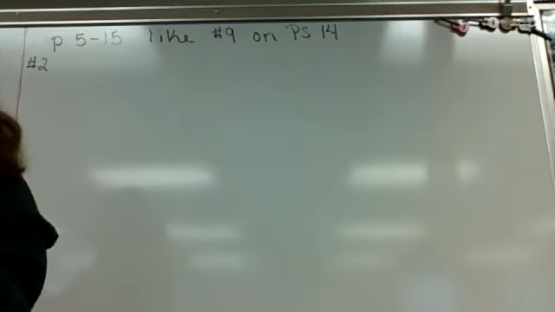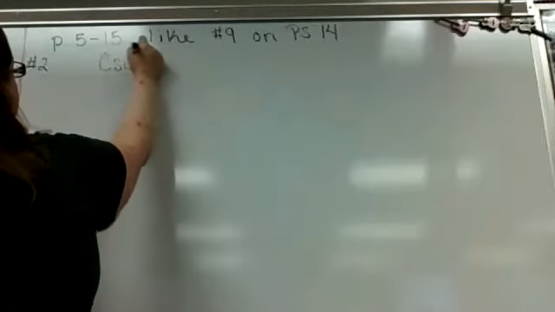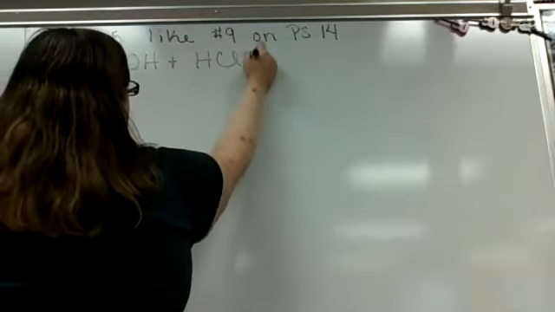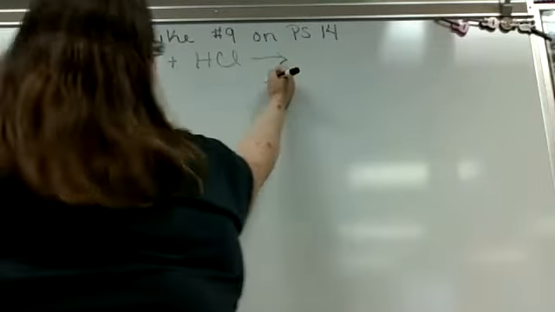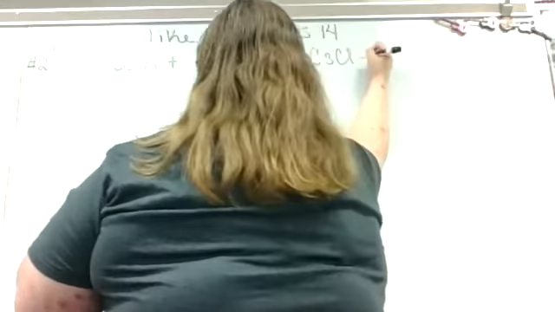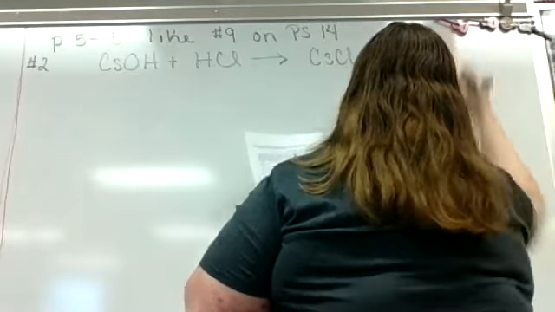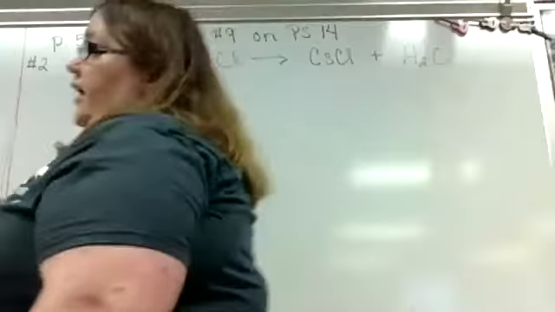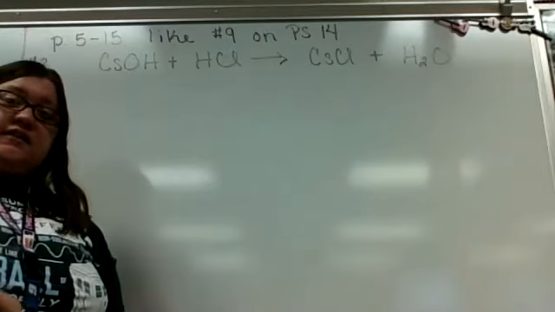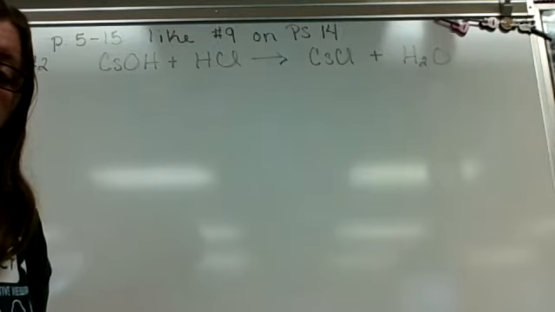So you've got a lot going on in this problem. We've got CsOH plus HCl yielding CsCl plus H2O. What type of reaction is this? Yeah, this is an acid-base reaction.